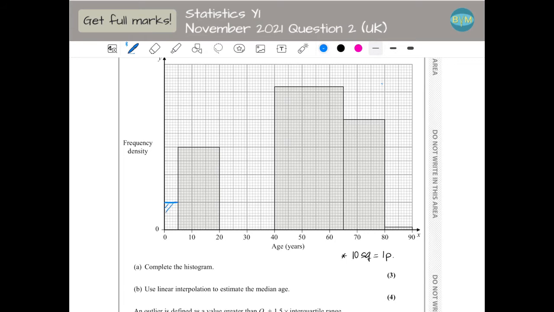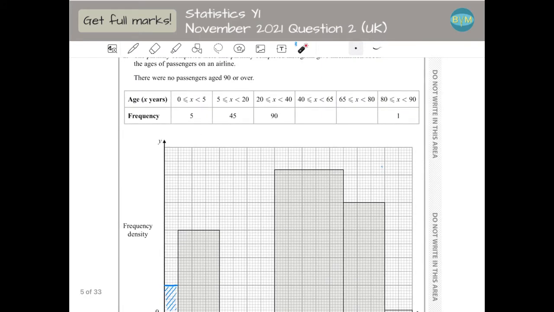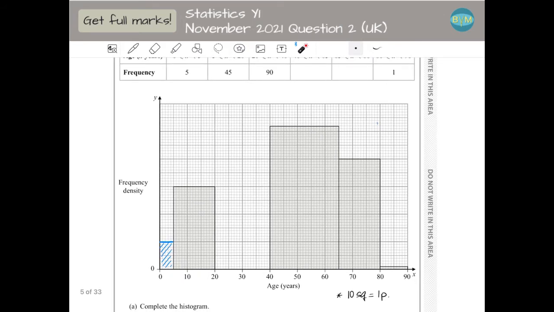You can shade it or you can just make some lines, but leave clear where your line is. The next one that is missing is this one, which is 90 people. So I need 900 tiny squares. I have 5, 10, 20, so 20 in this direction.